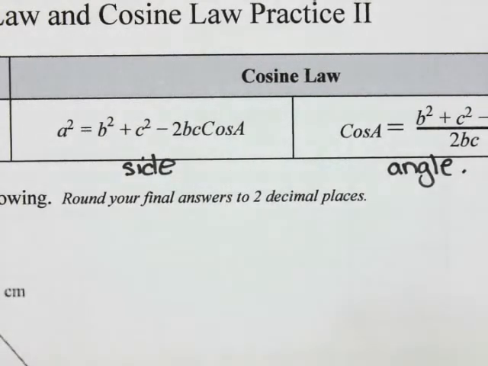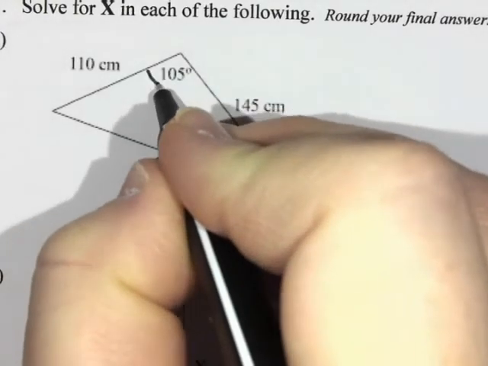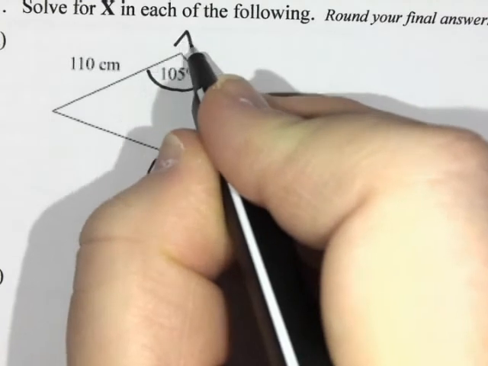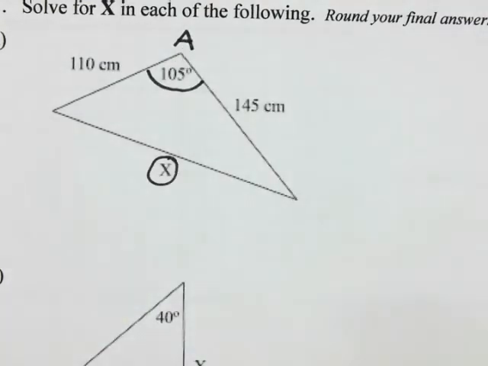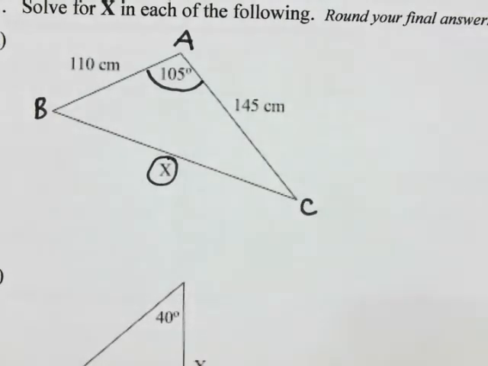Okay, so I'm going to take my triangle and label A, B, and C. I always start with the angle, and I call that A. In this question, there is only the one angle, so that one's easy. It's going to be my angle A, and then your choice, B and C, it doesn't matter which corners you let be which.